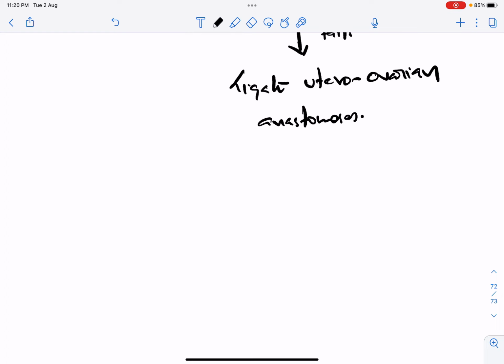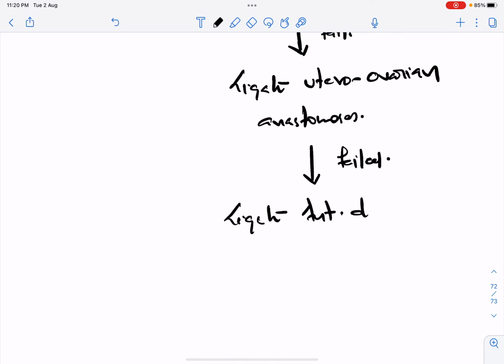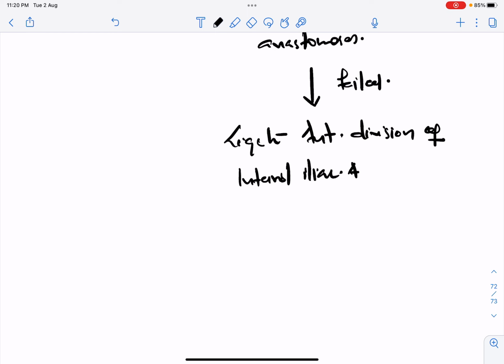If that also fails, you can ligate the anterior division of the internal iliac artery. And the other method is uterine artery embolization.